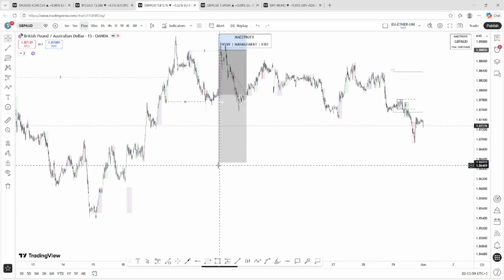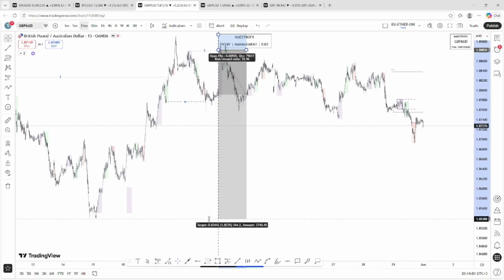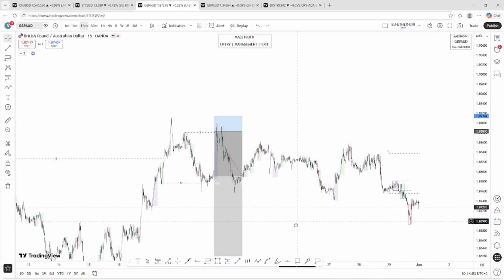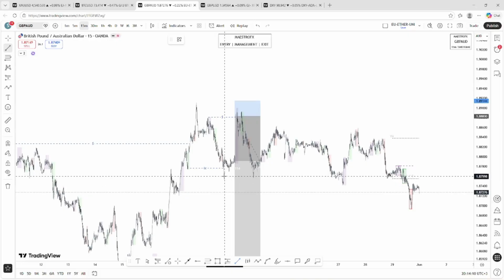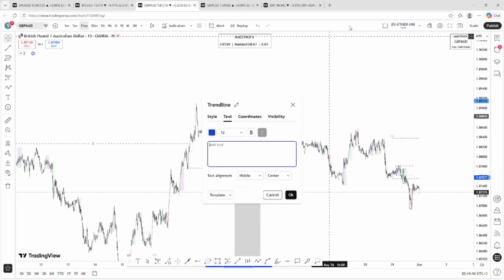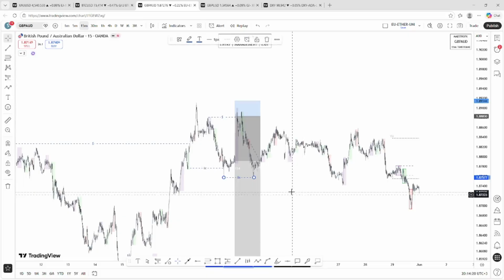The main targets are down here. Again, we had another sweep of liquidity, also a break of structure.